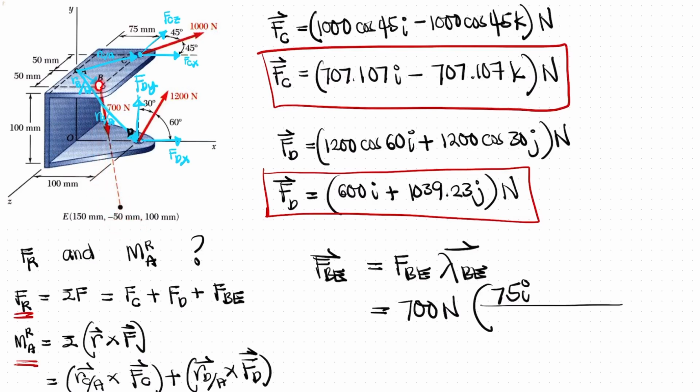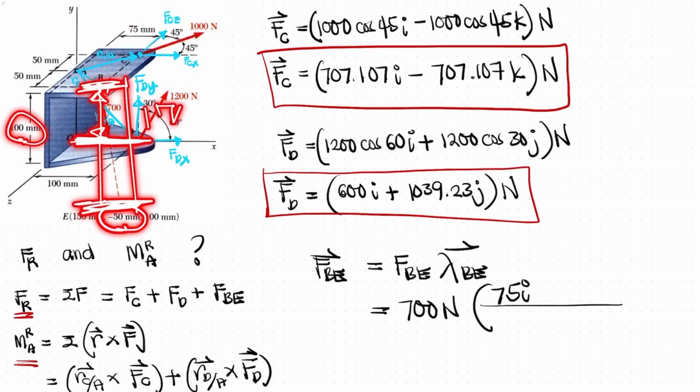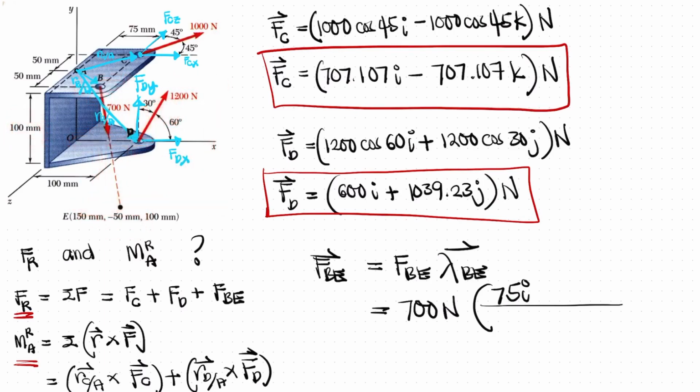From B to O the distance is 100 mm, then from point O downward is negative 150. So the total distance is 150 downward, so negative 150 j.